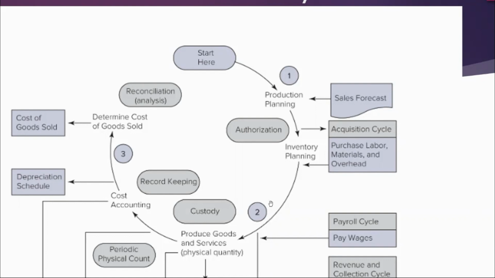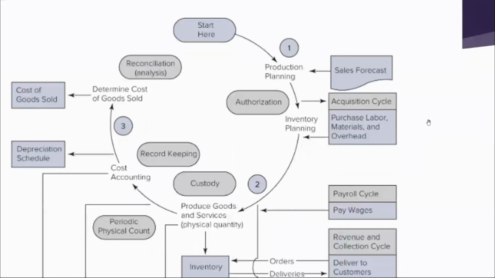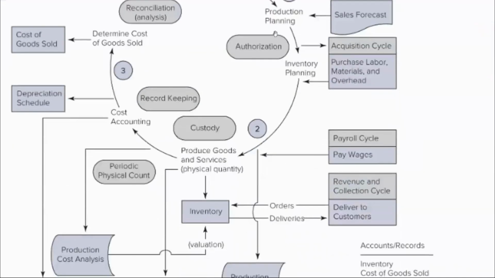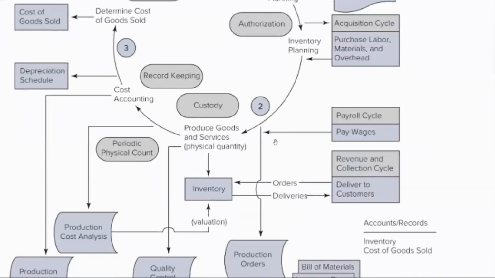When we move down into production, here's where we are. We have said we need those 750,000 goods. Here's where we're actually going to produce those. Custody is the big control we want to see here. Not everyone should have the availability of being able to deal with or hold that inventory.